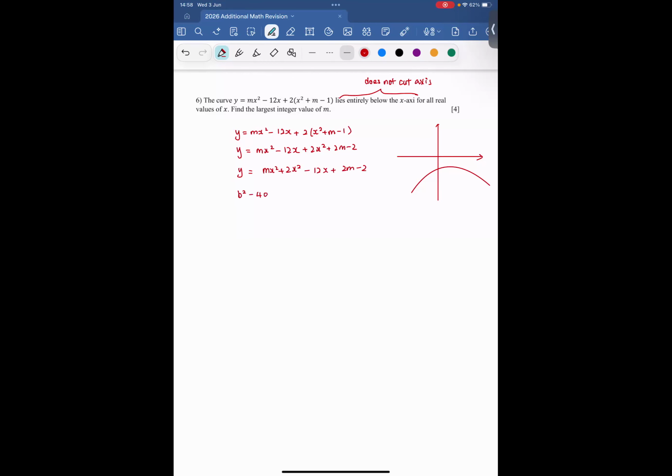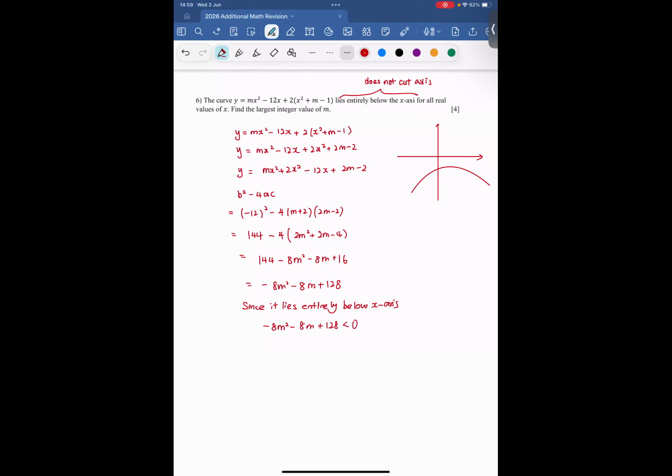So b squared minus 4ac equals to, okay, since it lies entirely below the x-axis, we will know that the discriminant is lesser than 0.